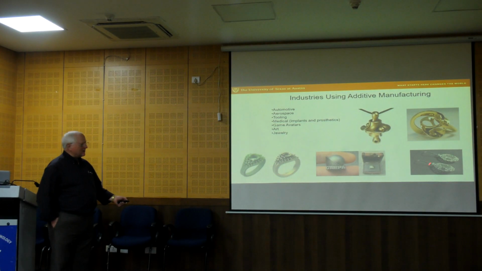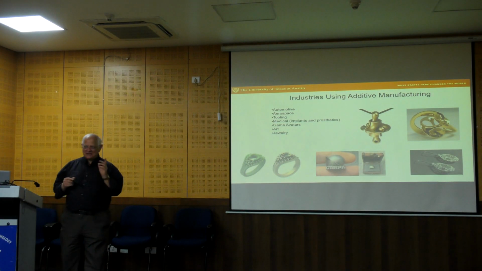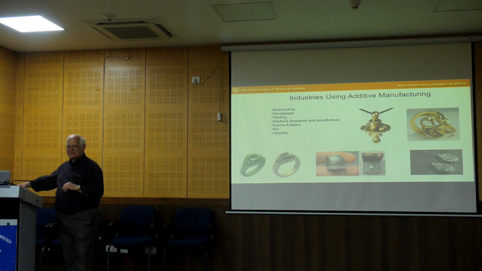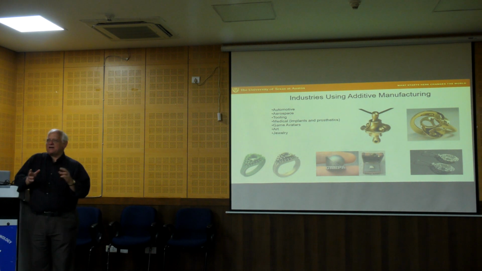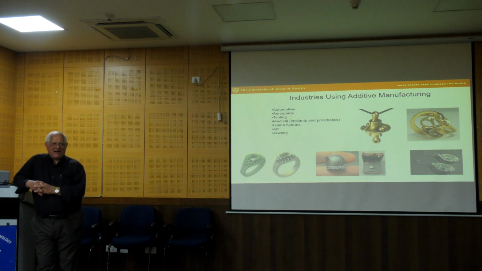This one is particularly interesting to me because if you go back about 20 years, I had a conversation with my wife around her birthday, and I said, what would you like for your birthday? And she said, you've been working in additive manufacturing for 15 or 20 years now, but I don't have anything that was additive manufactured myself.